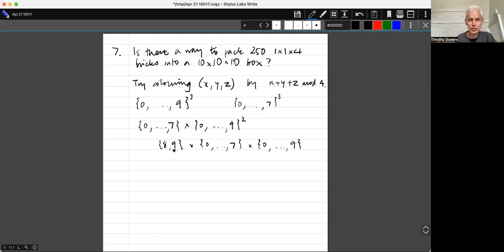And so what I'm saying is this set here, because of this 0 up to 7, will have the same number of each colour. This set here will have the same number of each colour because of this 0 up to 7. And then this set here, 8, 9 cross 8, 9 cross 0 up to 7, will have the same of each colour. So I'm only left with 8, 9 cubed, and that should be fine, which is equivalent to 0, 1 cubed.